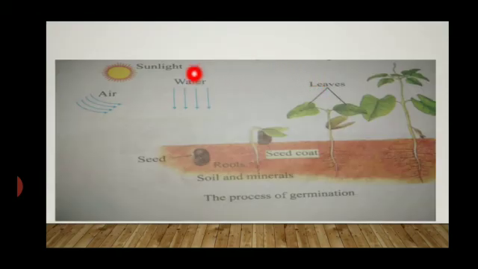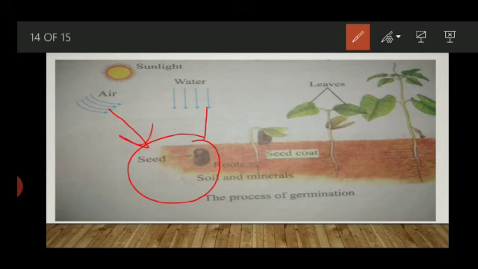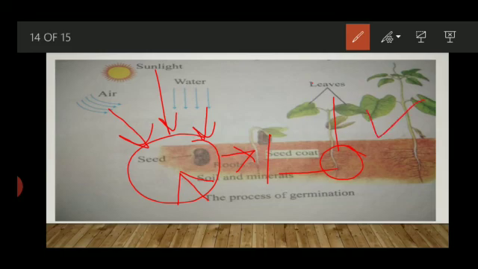With the help of this diagram you can easily understand. Here this is the seed, and it needs proper air, water, sunlight and other minerals, like proper soil. With the help of this it can grow as a plant, and independently it can stay, where the green leaves are also growing, and now the plant is ready. This process is known as germination.